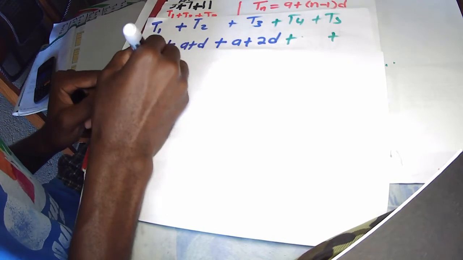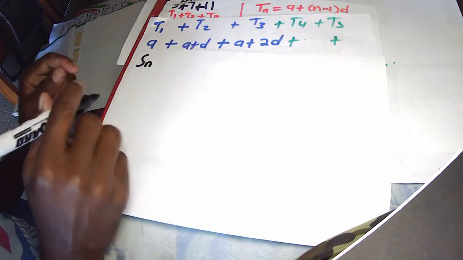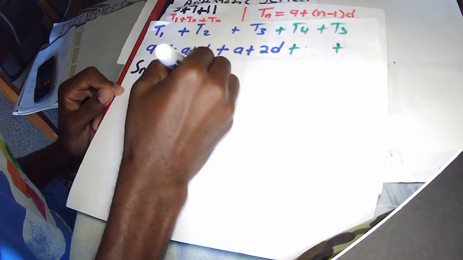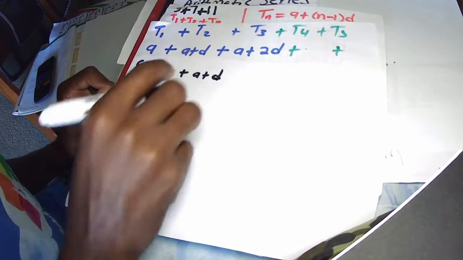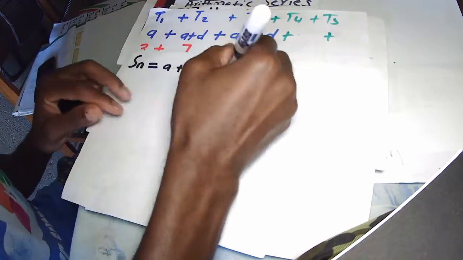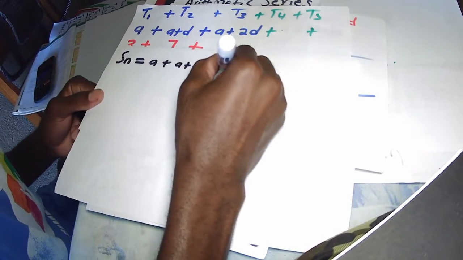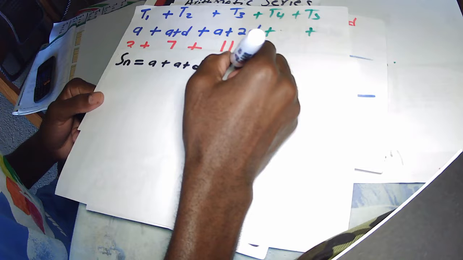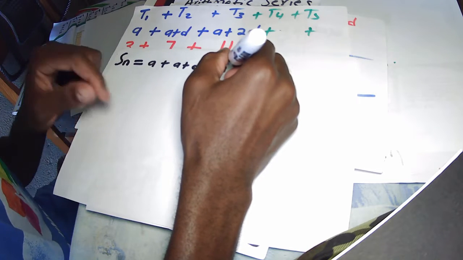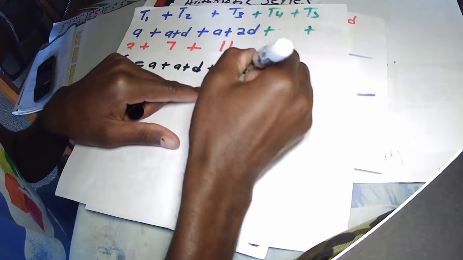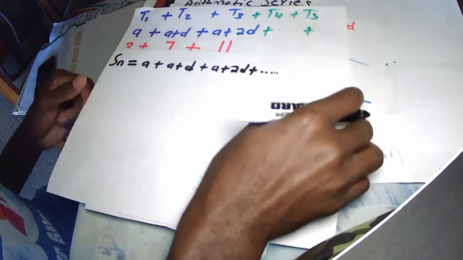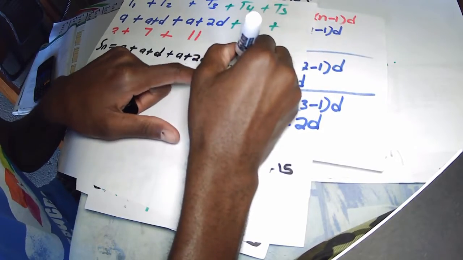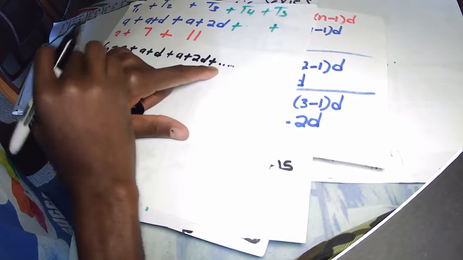The sum of this, okay? So the sum of n terms, since we do not know the number of terms, is equal to a plus (a plus d), this is what we have, plus (a plus 2d), plus we do not know, until there are many terms here, that's why I'm putting these dots.